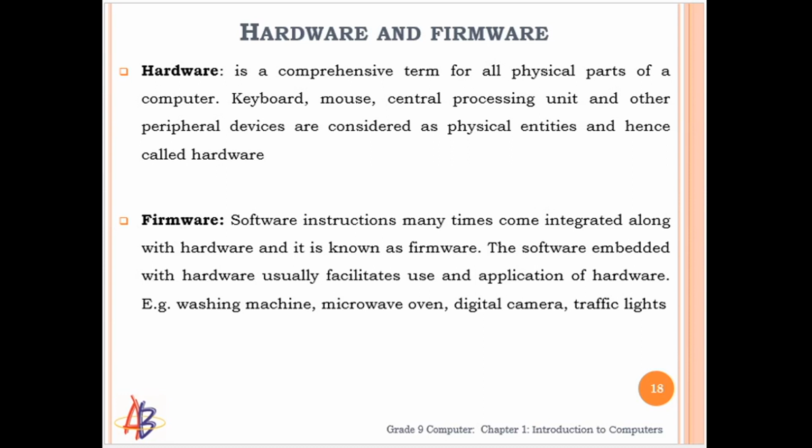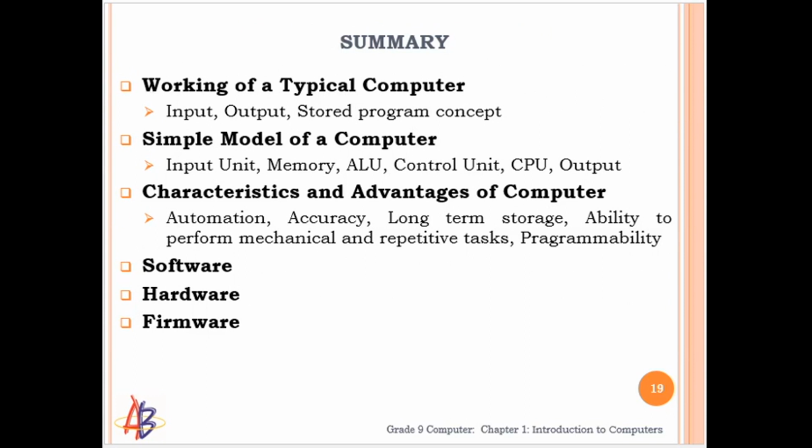So if we look at the quick summary of what we have studied, these are the 6 topics. First one is working of a typical computer. In that we have seen input, output, store, program concept. Second topic is simple model of a computer. In that we have studied input unit, memory, ALU, control unit, CPU, and output.